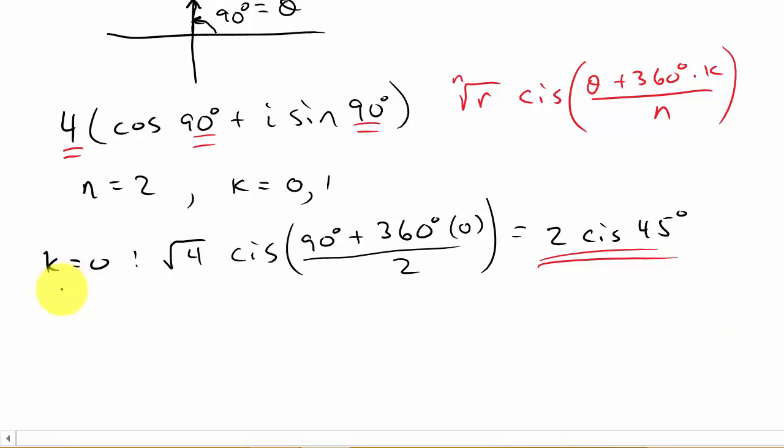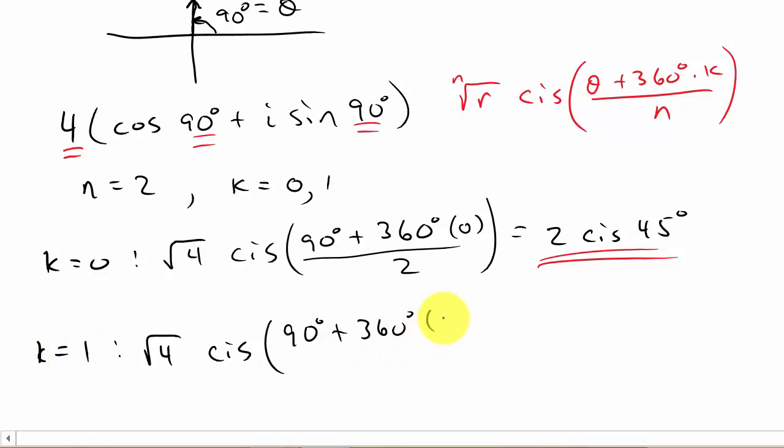Now let's find the other one. So k equals 1. So for this, I've got square root of 4. Remember, I'm using the abbreviated form. That's 90 plus 360 times k, which is 1, over n, which is 2.